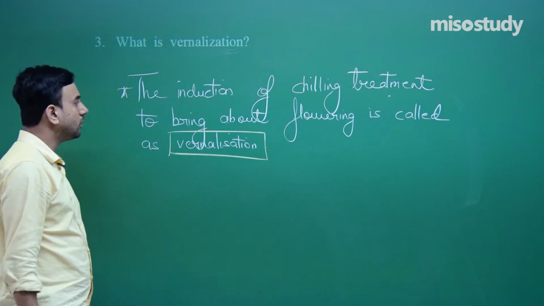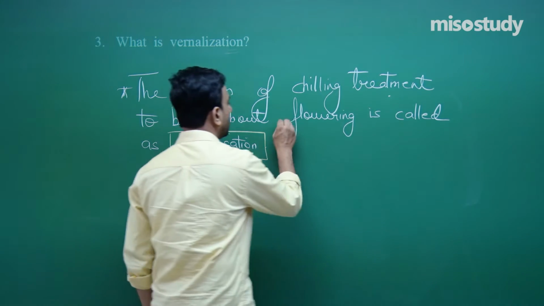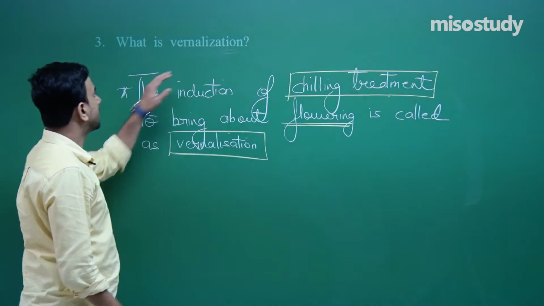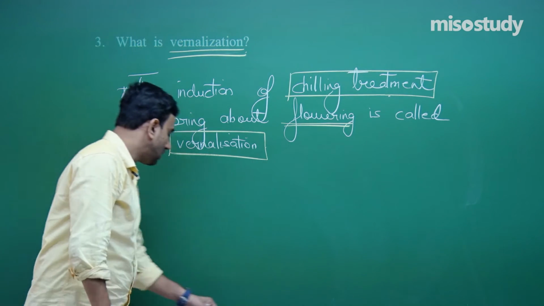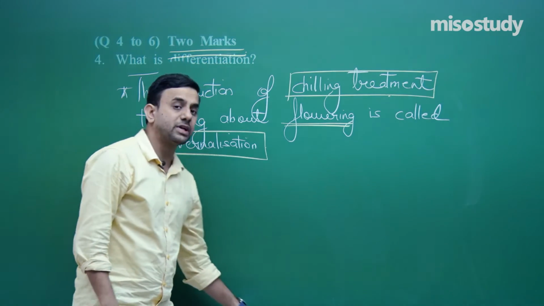Okay? The induction of chilling treatment to bring about flowering is called as vernalization, right. We move on to the next question: what is differentiation?